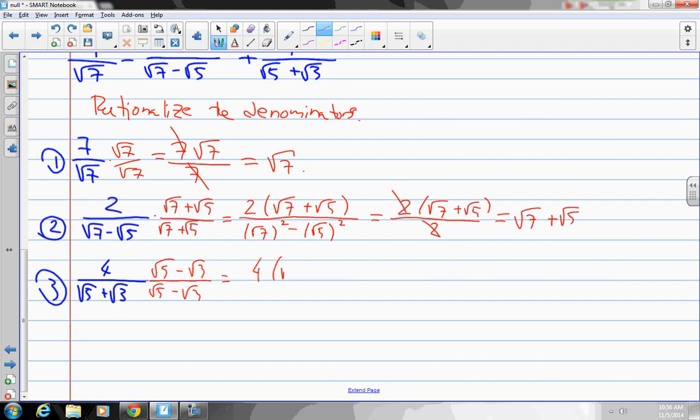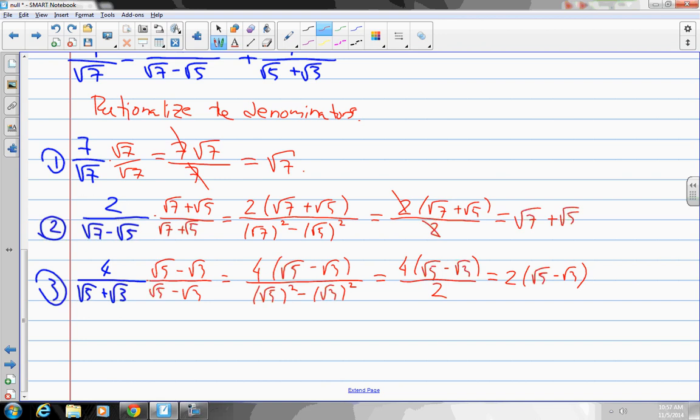So this is 4 times the square root of 5 minus the square root of 3 over, difference of squares gives me square root of 5 squared minus square root of 3 squared, which is 5 minus 3, which is 2. So I have a 2 in the denominator. So we have 4 times square root of 5 minus square root of 3 over 2, which is 2 times root 5 minus root 3.